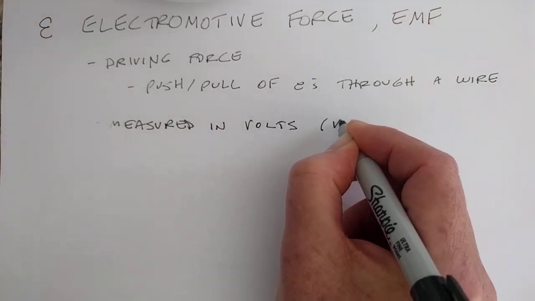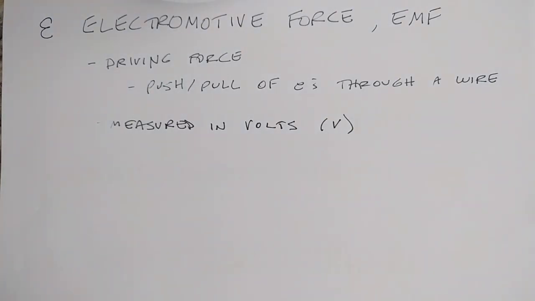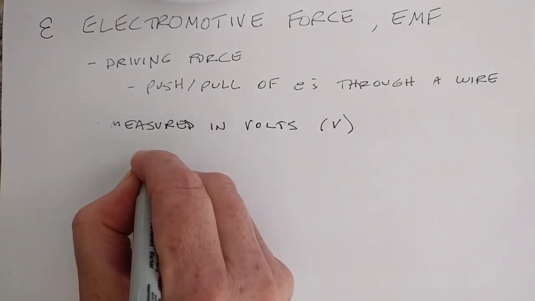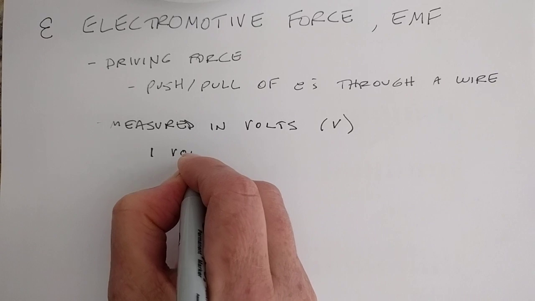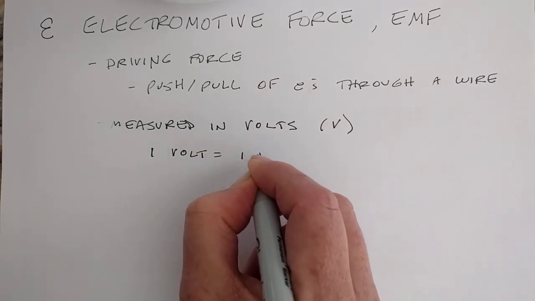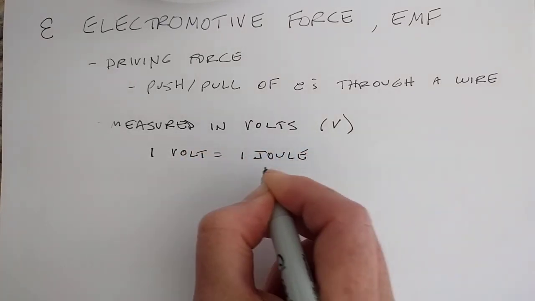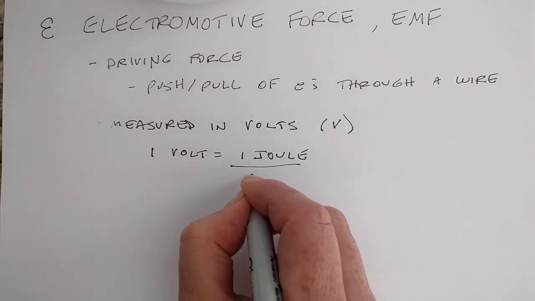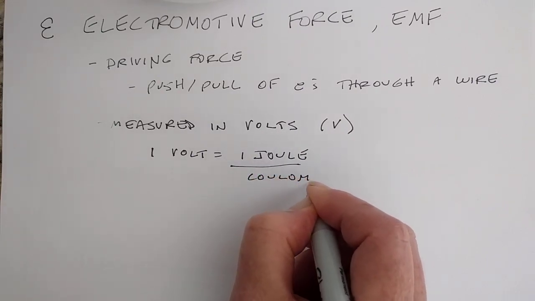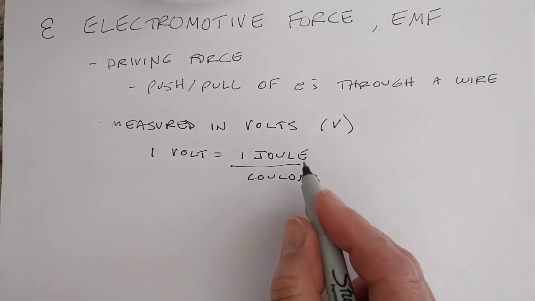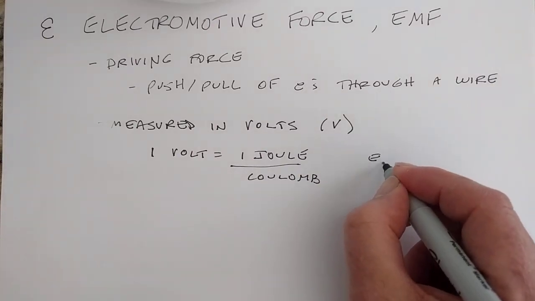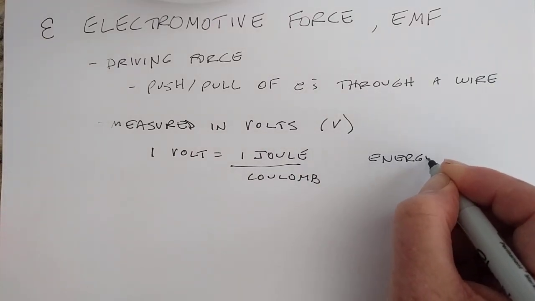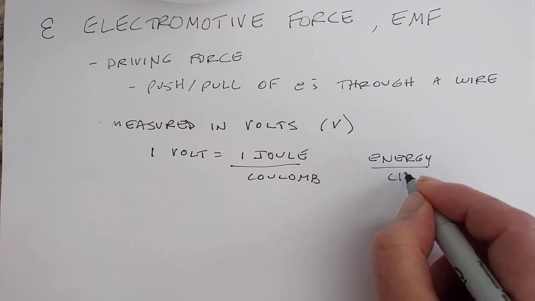And that is represented by a capital V. 1 volt equals 1 joule per coulomb. So a volt is energy per charge.